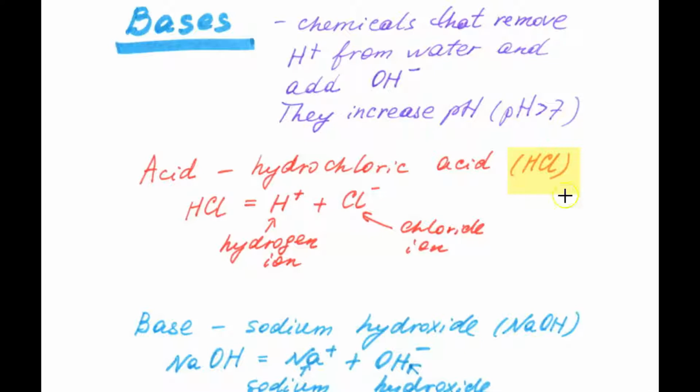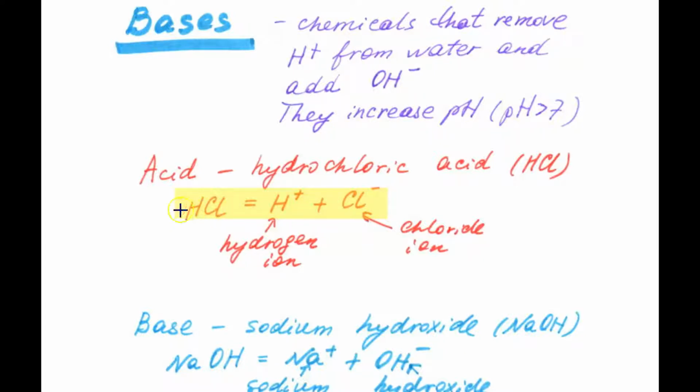Now, if I dissolve hydrochloric acid in water, it will dissociate. You remember dissociation: this is a process when the molecule breaks into ions, and the result would be hydrogen ions, H+, and chloride ions, Cl-.